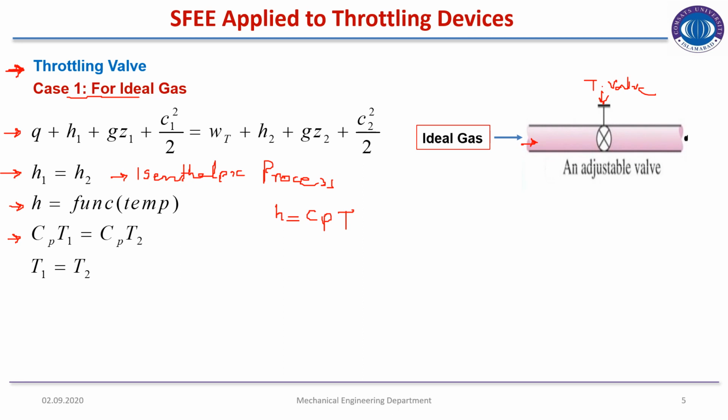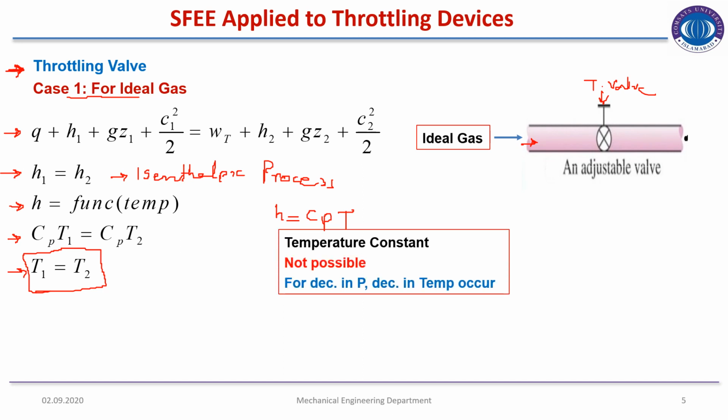So for constant specific heat, T1 is equal to T2. Therefore, for using ideal gas as a substance during a throttling process, the temperature at the inlet will be equal to the temperature at the outlet.